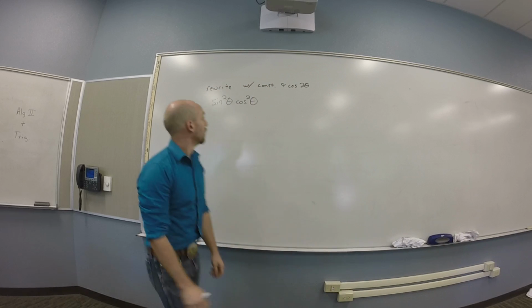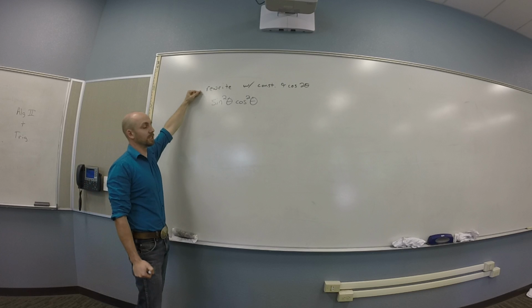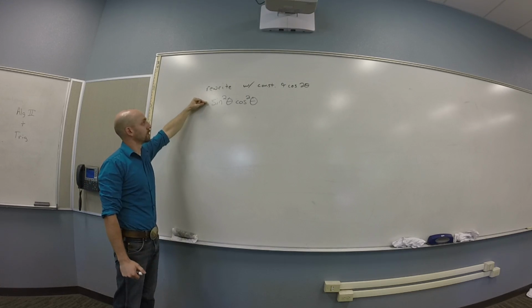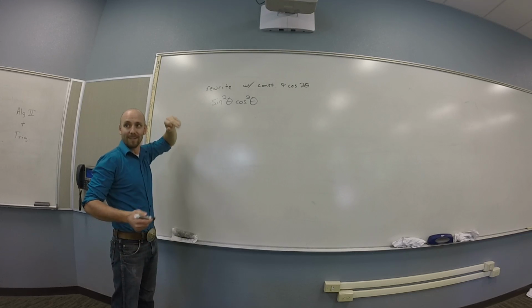Okay, so let's suppose that we wanted to rewrite with only constants and cosine of 2 theta the expression sine squared theta cosine squared theta. Sine squared theta equals 1 minus cosine squared theta.